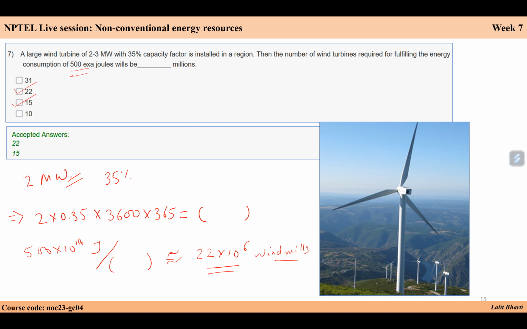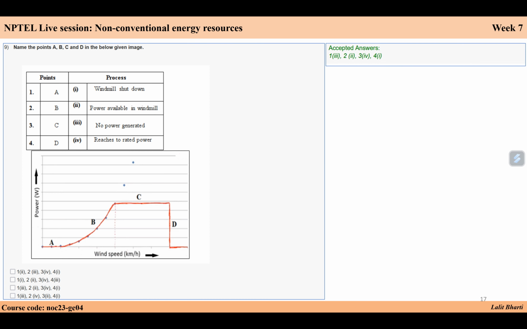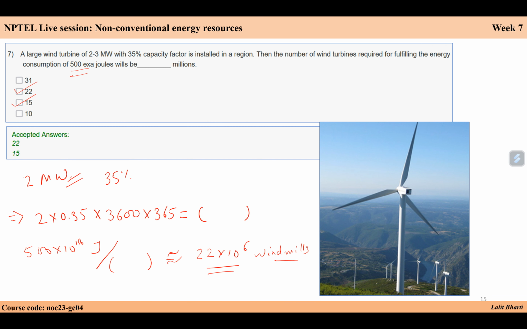So we will be needing around 22 million windmills, which is a very large number. So you can get an estimate of how many windmills are required. So this was the question.